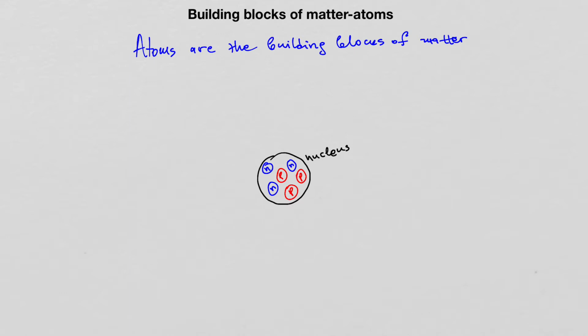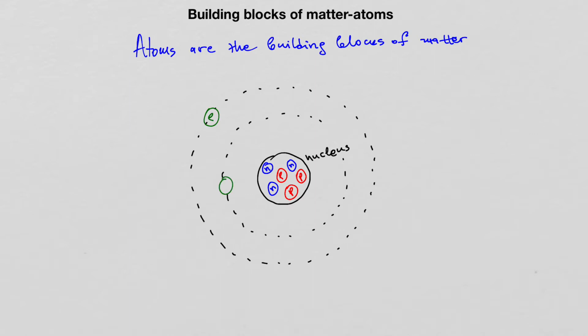And then around the nucleus, we have electrons that orbit in circular orbits. And as I said, this model is very similar to the model of the solar system. As a matter of fact, this model is known as the planetary model of the atom. In reality, the picture is much more complex than that.